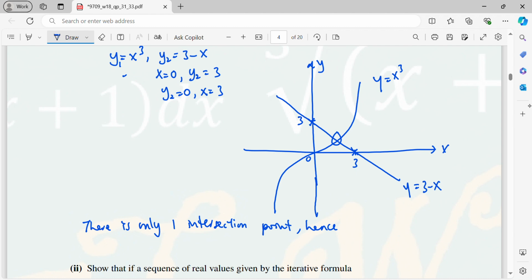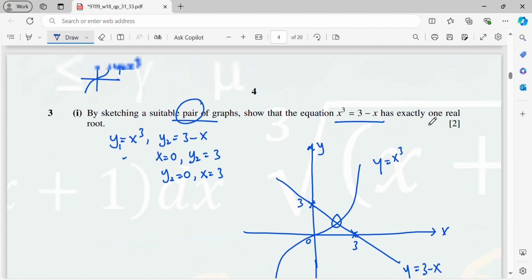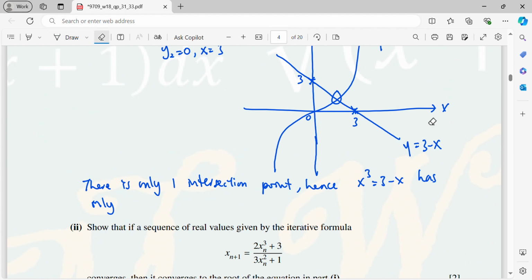Hence, the equation x cubed equals 3 minus x has exactly one real root. The number of roots depends on the number of intersection points. So done for this part.